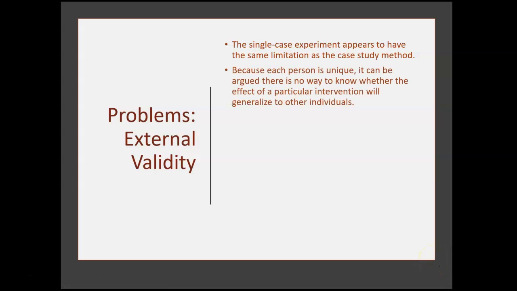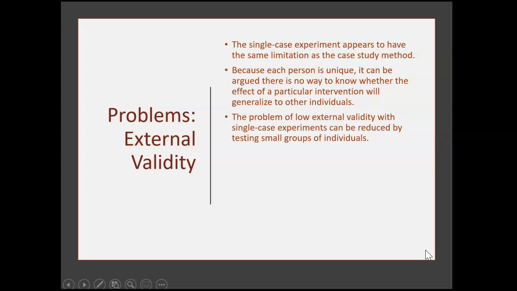You're just looking at individuals. Individuals are unique, and just because you can show a transformative effect of a treatment for one person doesn't mean that that effect is going to generalize to other people. So this is a problem of external validity, a problem of generalizability for us if we're using these designs.